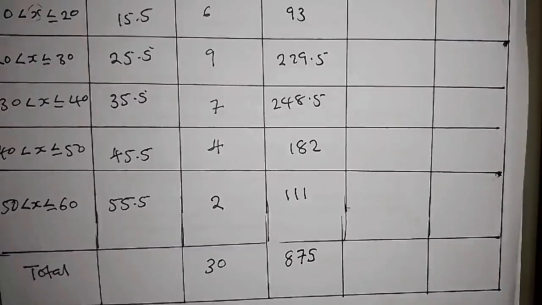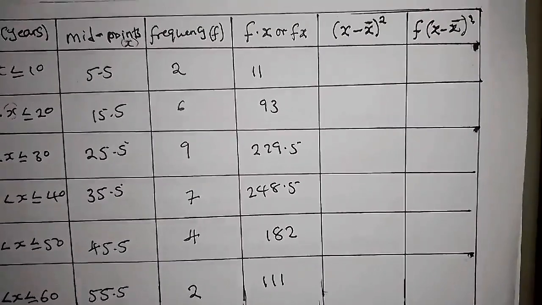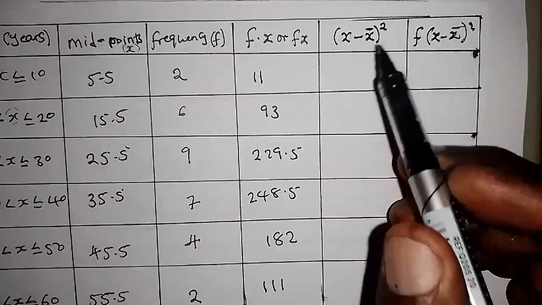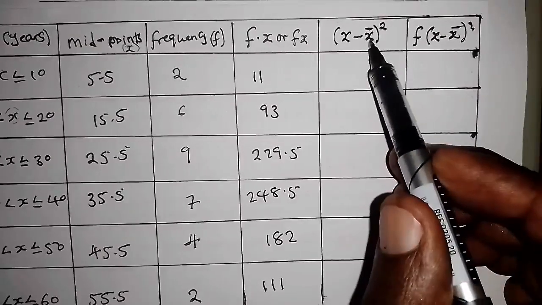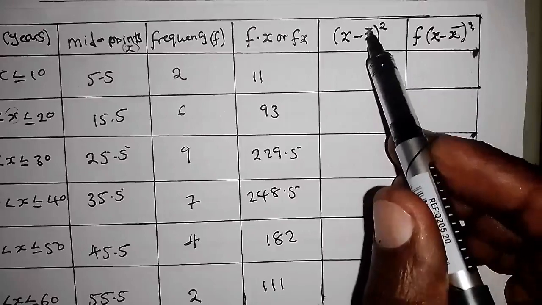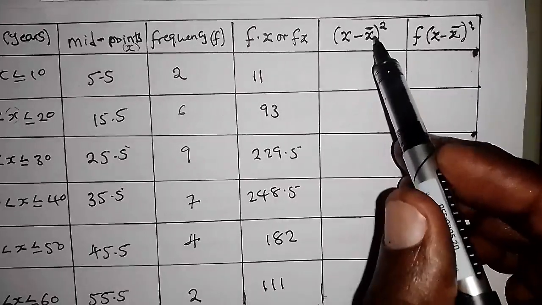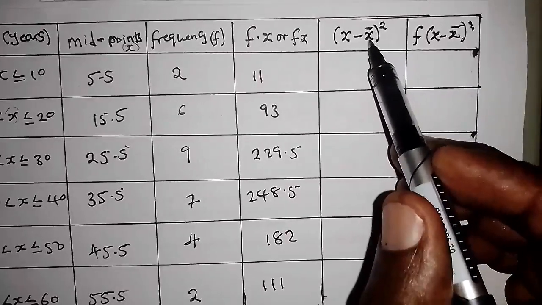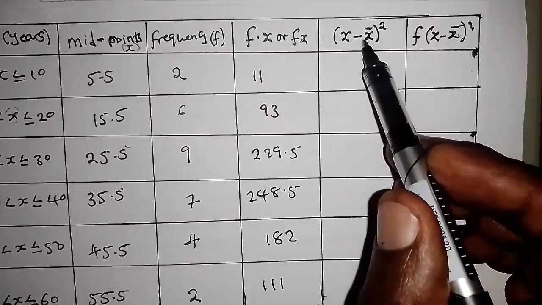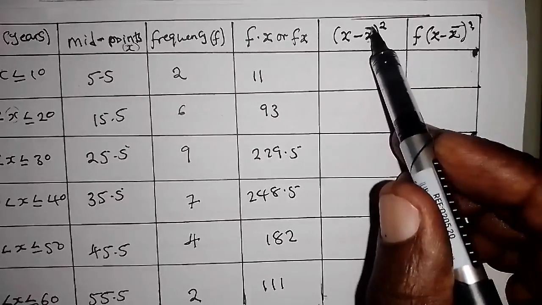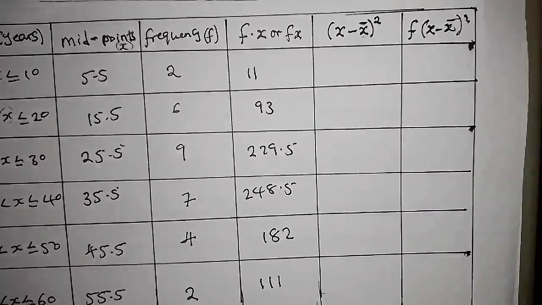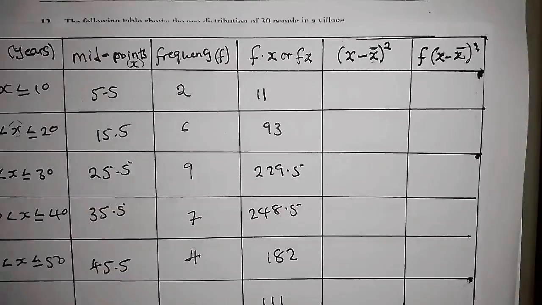Now, the last two columns are very sensitive because you don't know the actual value for them. You don't know the actual value for the mean, this x, and the bar.